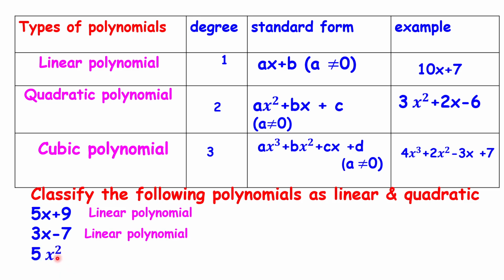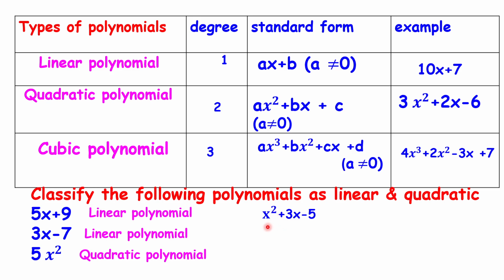5x square. x is the variable and the highest index of the variable x is 2. That means the degree of this polynomial is 2. Therefore, it is a quadratic polynomial. x square plus 3x minus 5. x is the variable in this polynomial and the highest index of x is 2.